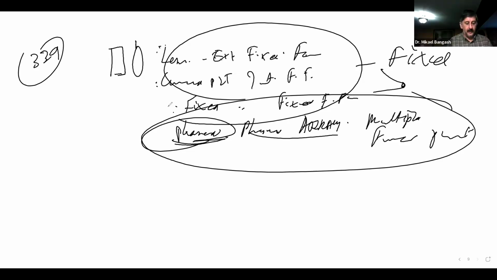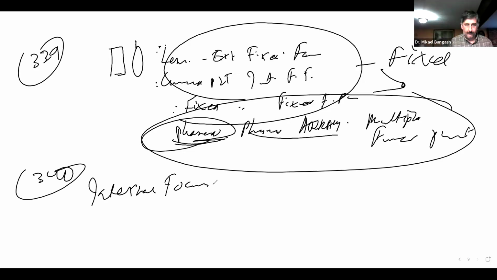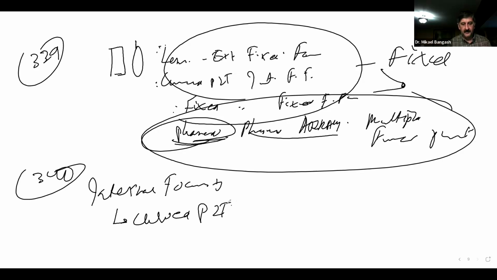Question number 340. Which of the following techniques is an internal focusing? Internal focusing was when we had a curved PZT, where one of the surfaces of our PZT was curved like this.